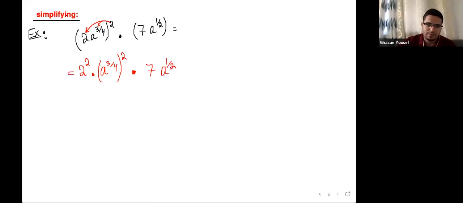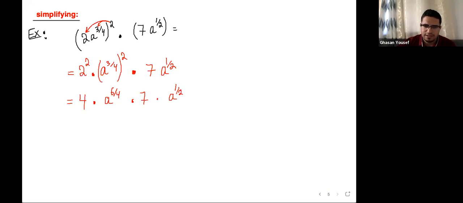Now we can simplify this side. So 2 to the power 2 gives me 4, right? And here for a, we multiply the powers when we see something like power over power. So 3 over 4 times 2 gives me what? 6 over 4, right? Times 7 times a to the power 1/2.